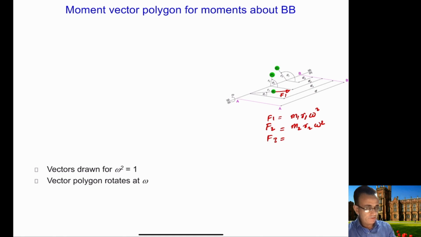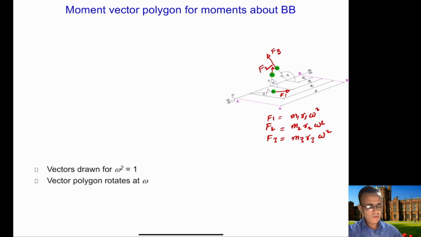And F3 is again M3 R3 omega square. So first we will start with omega equal to 1. This means that we will just use M1 R1, M2 R2, and M3 R3 for the forces. F3 is acting in this direction, and F2 is acting in this direction here.